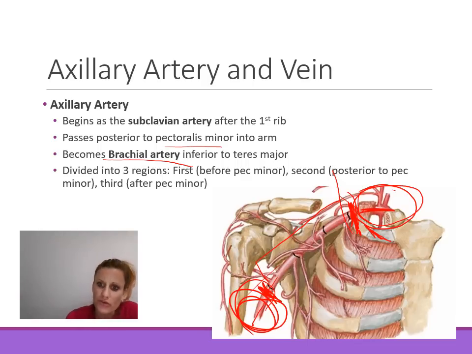So the 3 regions are the first, second, and third. The first region here is the region before it gets to the pectoralis minor. The second region is the region that's behind the pectoralis minor. And then the third region is the region that's after the pectoralis minor.